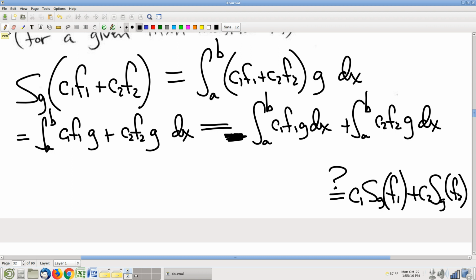All right, now here's another thing that I remember from way back when. If you have a scalar factor inside an integral, you can factor that right out. So let's do that.